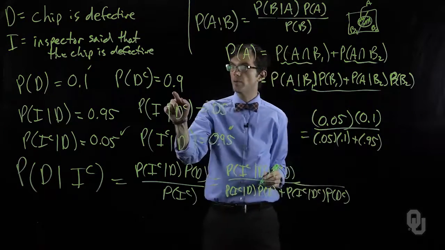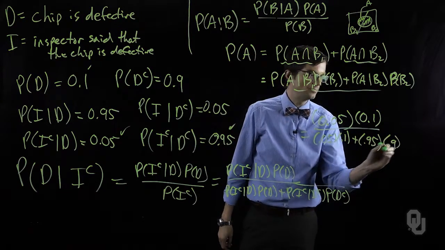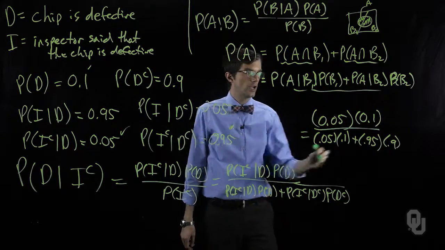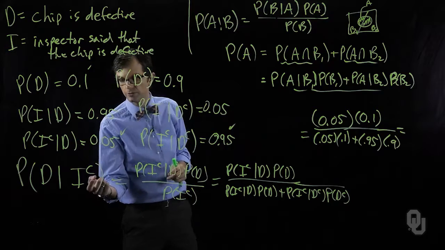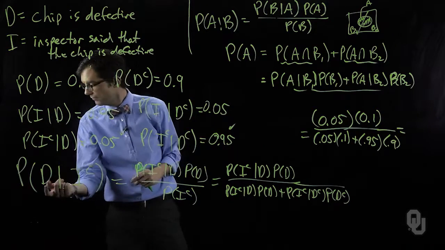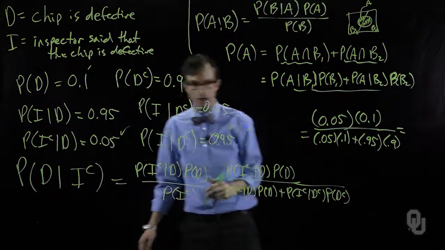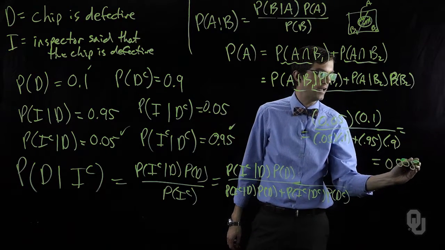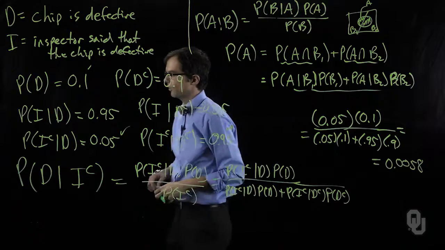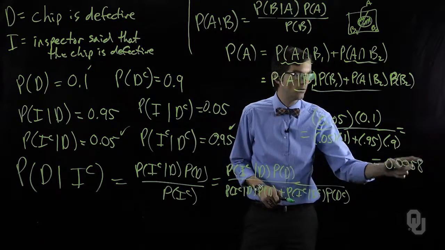Times the probability of D complement. That's 0.9. So we've got this. We've got now, what's the probability that given the inspector said it was okay, that the chip is really defective? As it turns out, that probability is 0.0058. It's a pretty small probability.